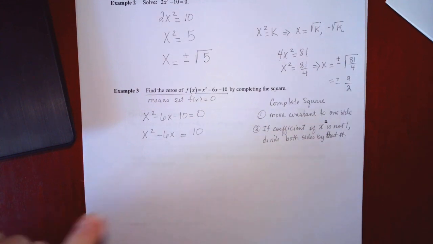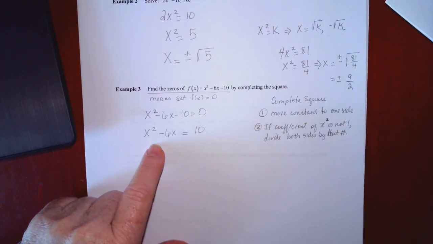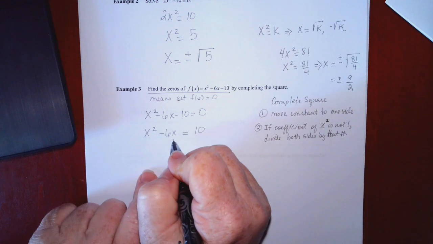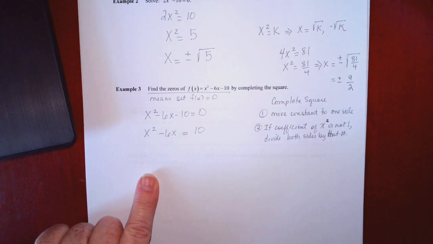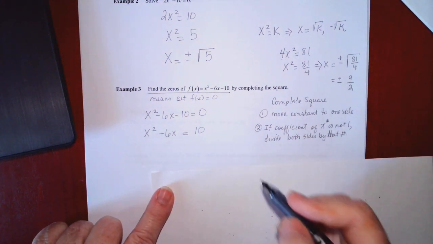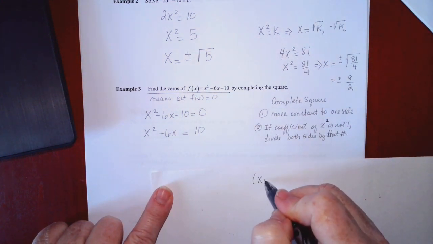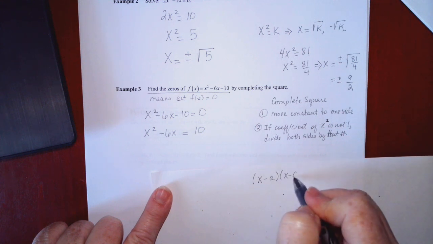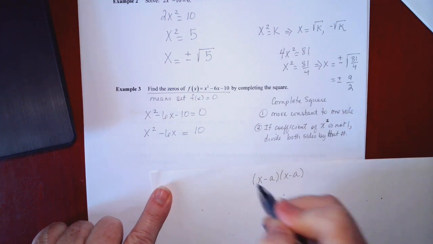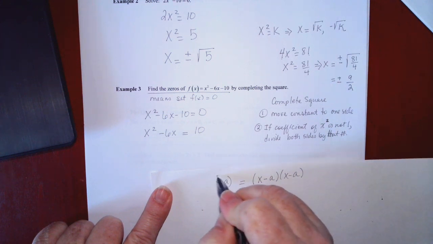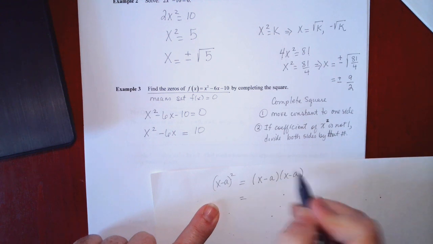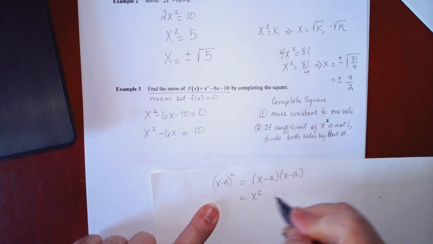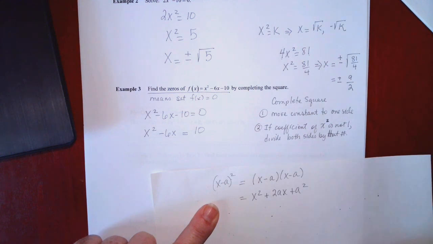What I want is to add a number here to the left-hand side so that this becomes a perfect square. So just really quickly, we're going to take an x minus a times an x minus a. That's what we're trying to get on the left-hand side. That's x minus a quantity squared. If you multiplied that out, that would be x squared minus 2ax plus a squared.